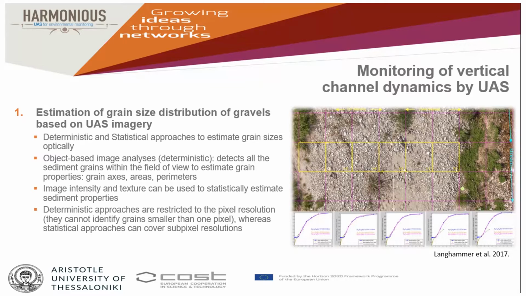This new advancement in computer vision and object-based image analysis can easily determine the geometrical features of this, and it can be well validated by the UAS data. I mean, the UAV data can be well validated.